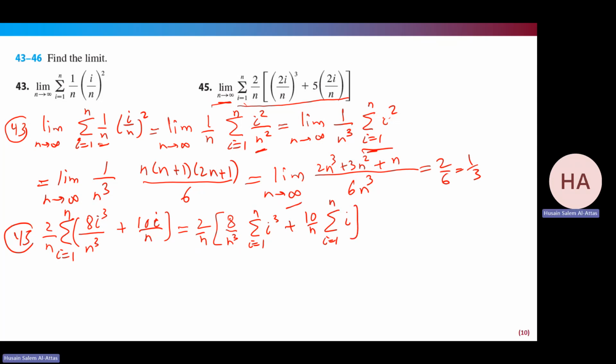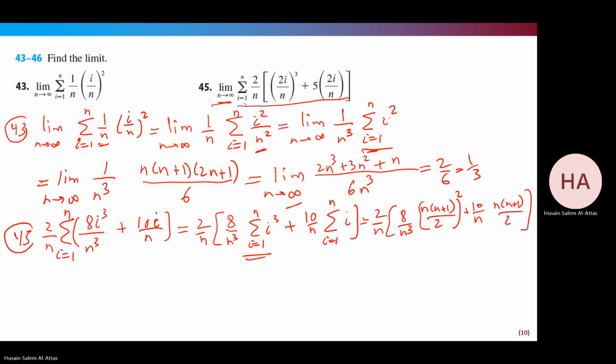Okay. So that gives me what? 2 over n, 8 over n cubed. This one is what? n plus 1 over 2 all square. Okay. And this one, 10 over n plus 1 over 2. Do the calculation now. 2 over n outside.